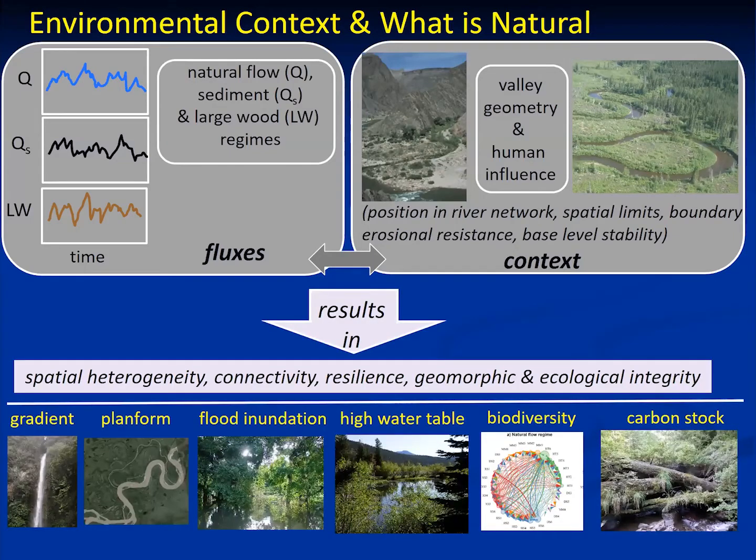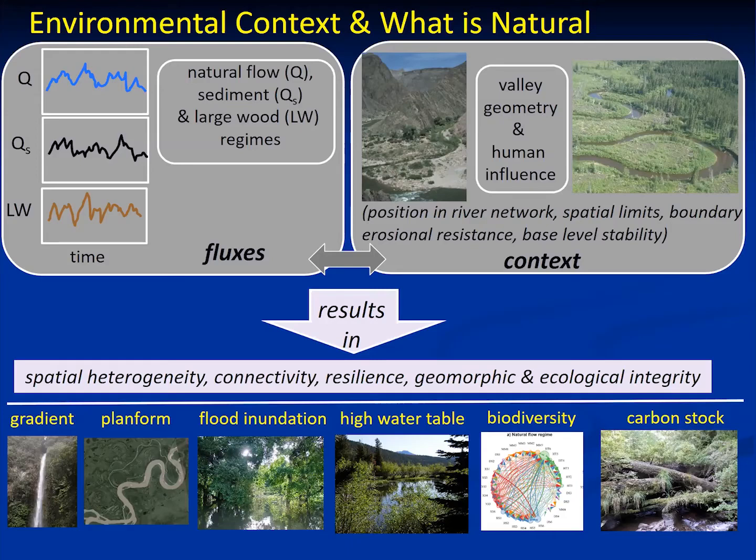So that interaction between fluxes and context results in a characteristic spatial heterogeneity or physical complexity, differing levels of lateral, longitudinal, and vertical connectivity, resilience, which you could think of as the ability to recover following disturbance, and geomorphic and ecological integrity.